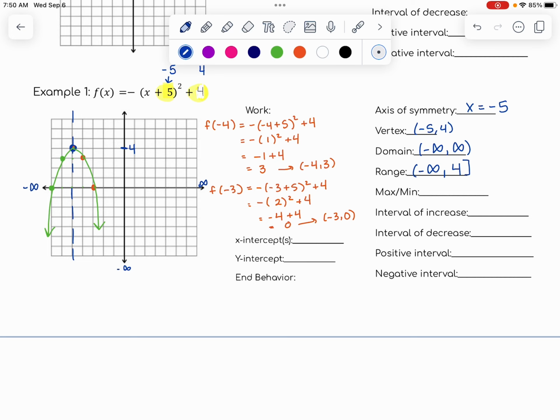This graph has a maximum point, and that maximum point was the point that showed us the maximum value for our range. It is right here at the vertex. So the max point is the vertex.